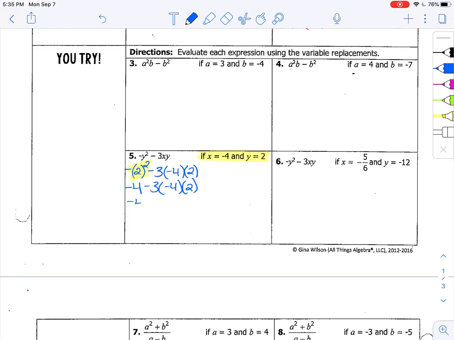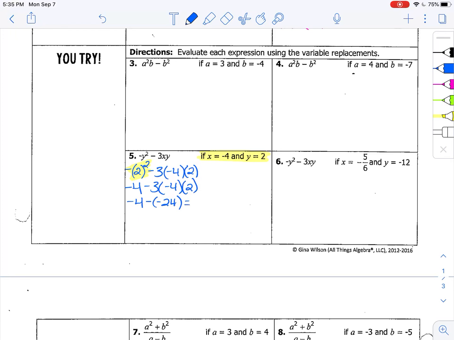We're going to bring down our negative 4 minus, and then I'm going to multiply 3 times negative 4, which is negative 12. Negative 12 times 2, which is negative 24. Again, like in the previous example, I put the negative 24 in parentheses so that there is not confusion with the subtraction sign and the negative.